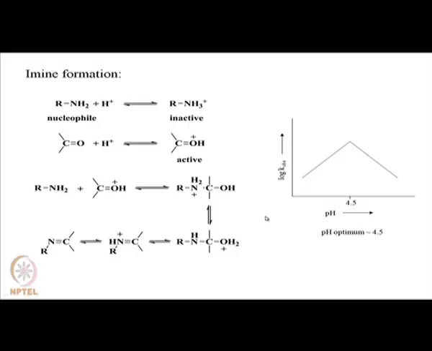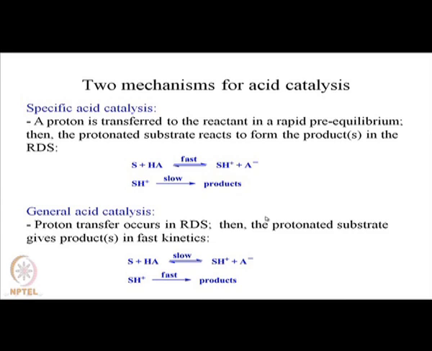Next, let us look into mechanisms of acid catalysis. One is called specific acid catalysis, and the other is called general acid catalysis. For specific acid catalysis, a proton is transferred to the reactant in a rapid pre-equilibrium.